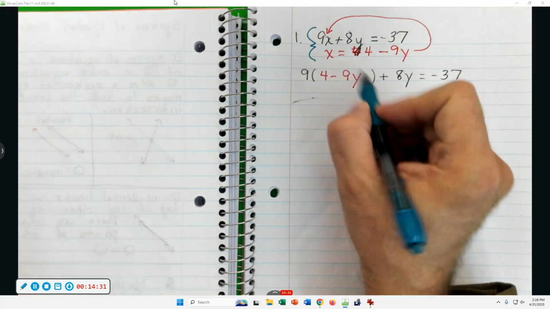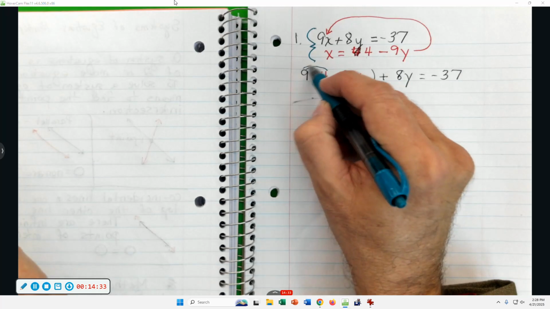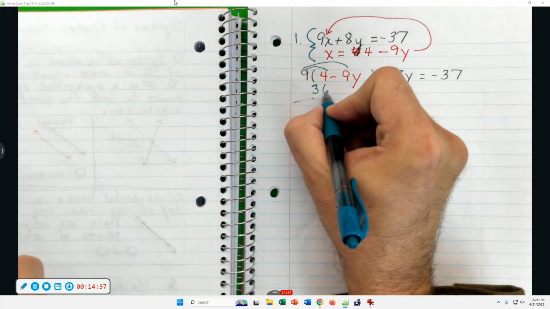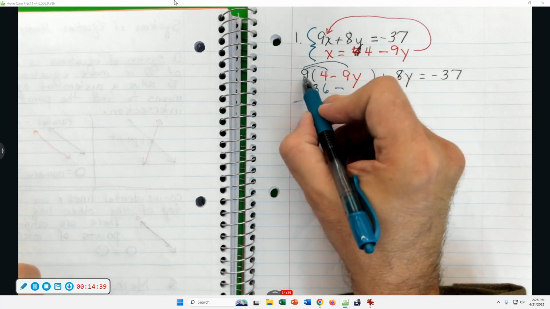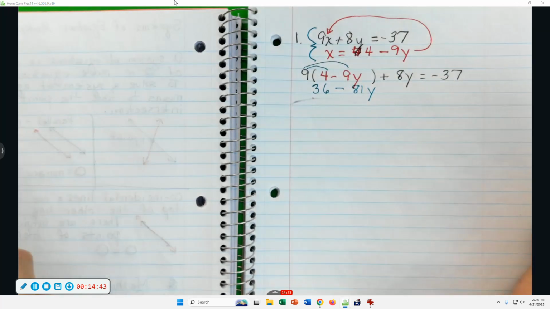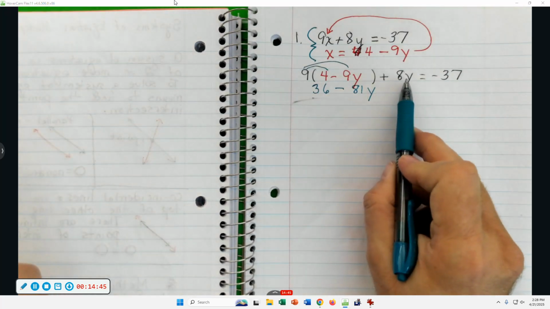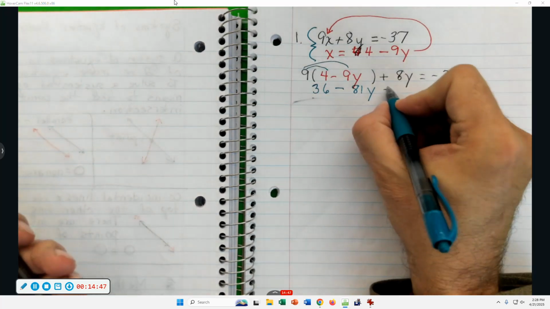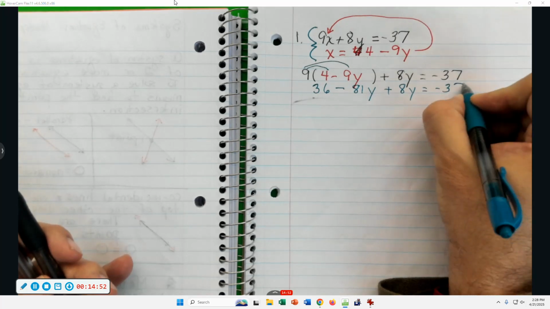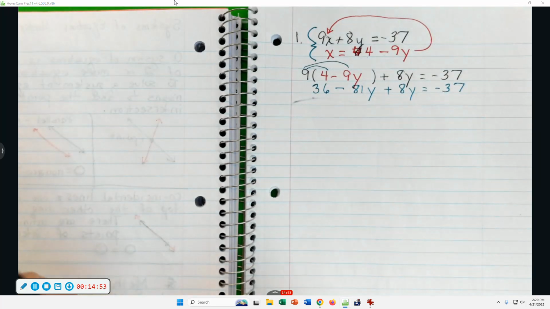So to solve this linear equation, I'm going to distribute the 9. So what would we have? A 36 minus 81y. And we still have the plus 8y, and the equals negative 37. Is this an equation that we know how to solve?